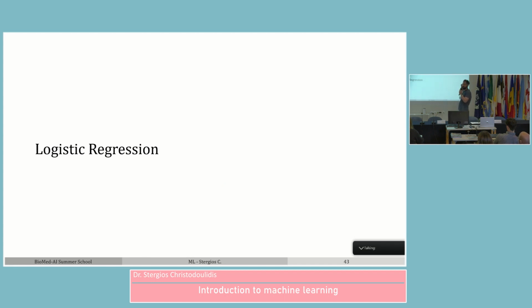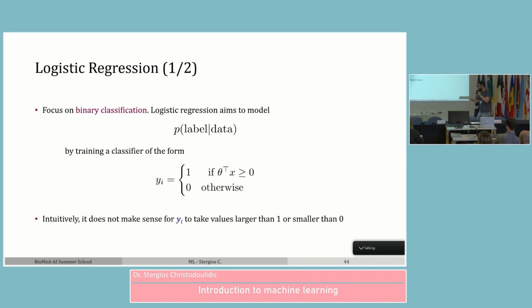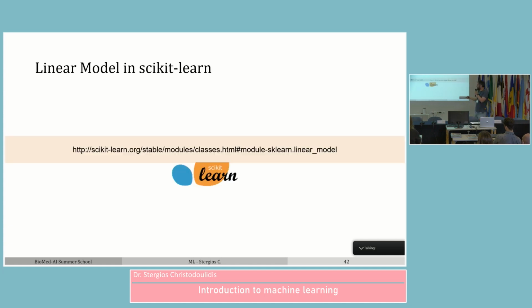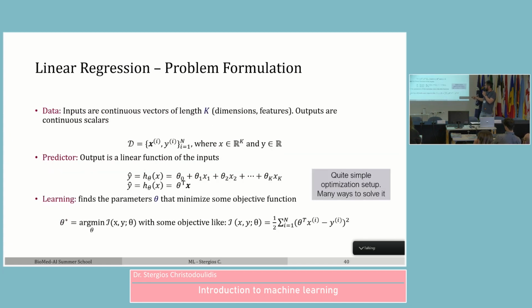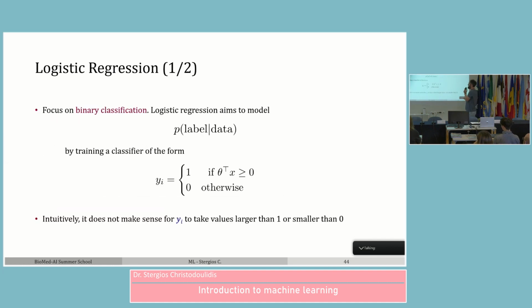Okay, just a twist on the linear regression. I'm just going to briefly talk about logistic regression. And the idea here is that before we were talking about predicting a continuous value. And now the difference with logistic regression is that instead of learning some continuous value, so now we cannot make direct comparison in terms of values of the prediction, we want our classifier to be trained such that it predicts in a classification scheme, okay?